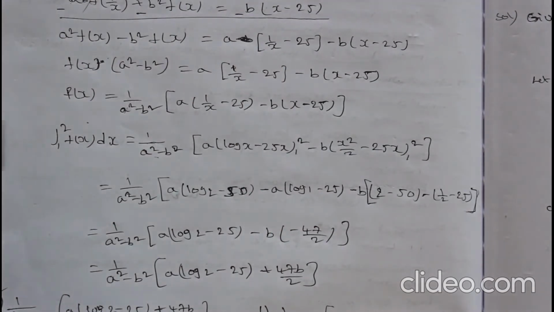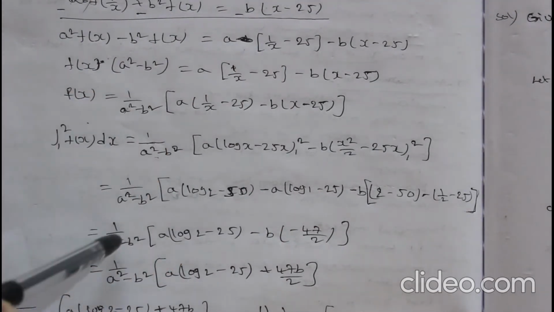Now simplify this, that is equal to 1 by a square minus b square.